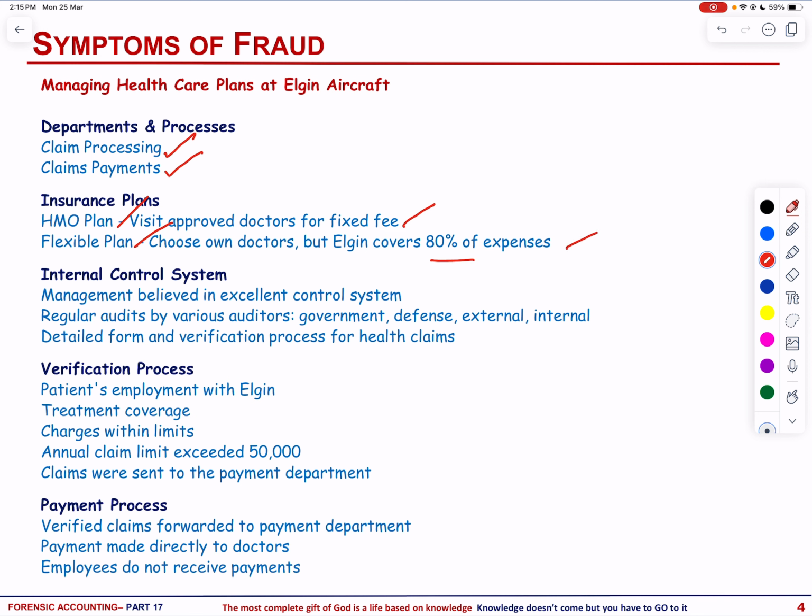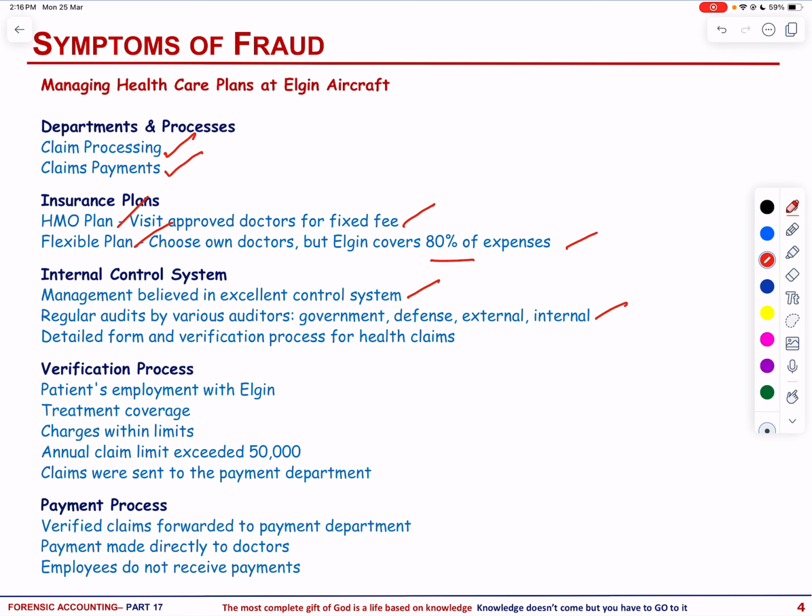Management thought their internal control system was excellent. They regularly had different auditors visiting, including government contract auditors, defense auditors, external auditors, and internal auditors.